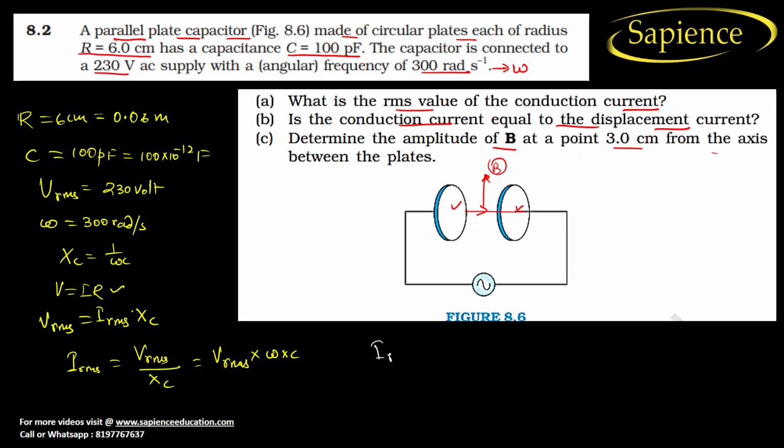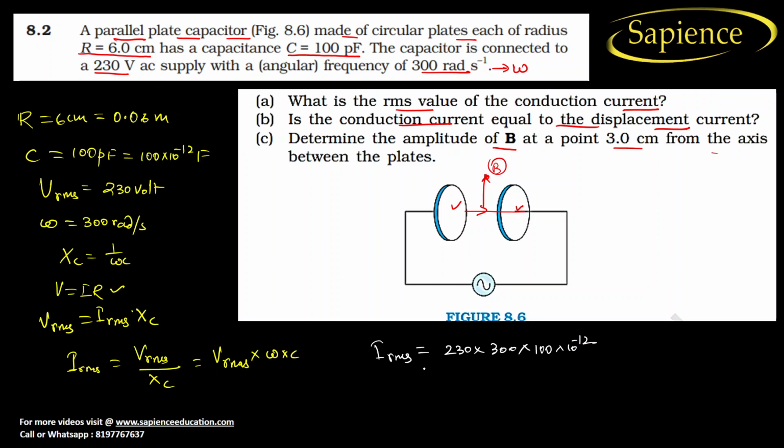So Irms is equal to the voltage Vrms, that is 230, into omega, that is 300, into capacitance, and capacitance is equal to 100 into 10 to the power minus 12, right? I hope you have understood this. Then you multiply 230 into 300 into 100 into 10 to the power minus 12.